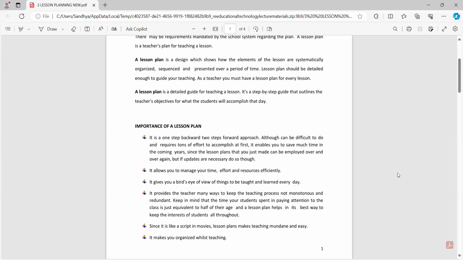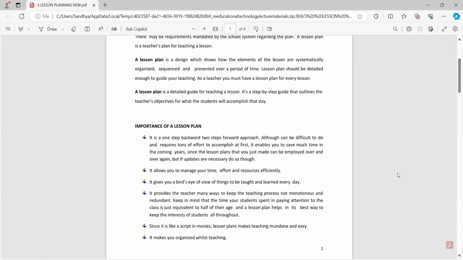I also had to write those days. We didn't like it initially, but once you get into the habit of writing, it is one step backward. Why one step backward? Too much work for you, right? One step backward. You're kind of hurt. It's too much for you. One step backward. But you're made to do that.